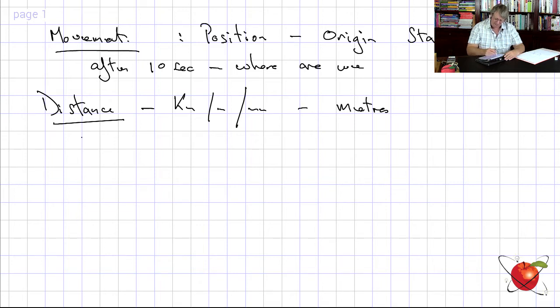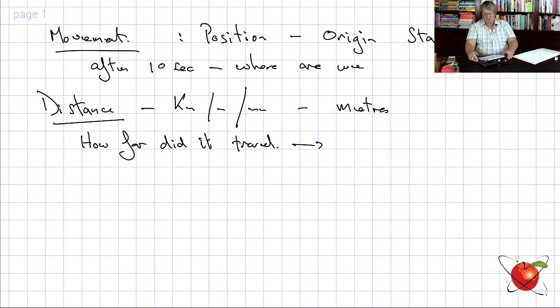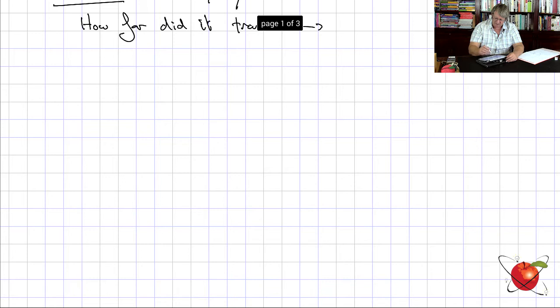The distance is how far did it travel. How far did it travel? Now, let's for example take an athletics track. Let's just take a track like this.